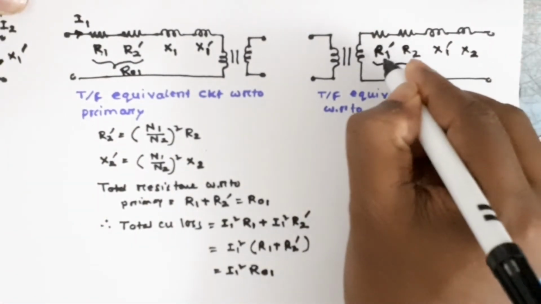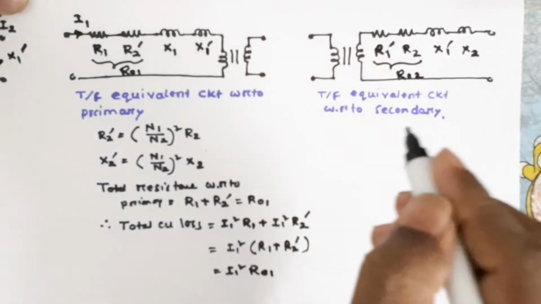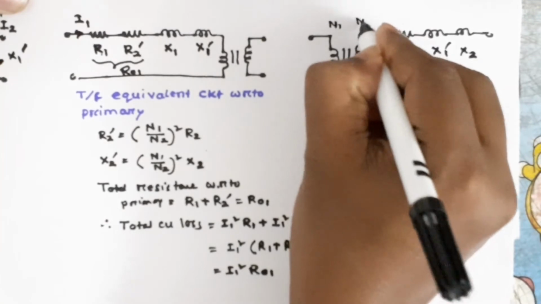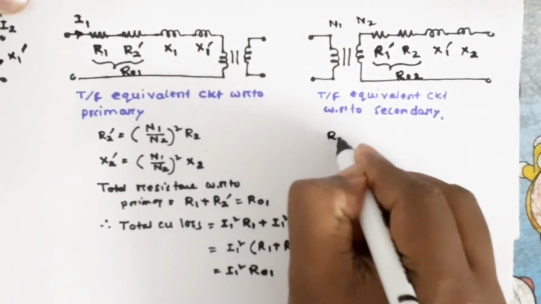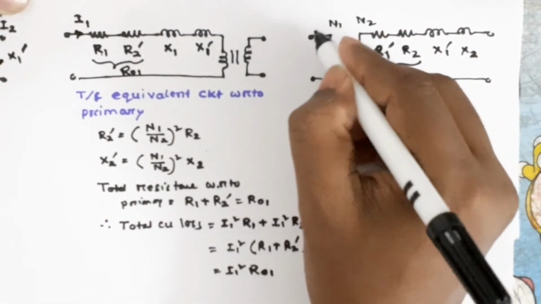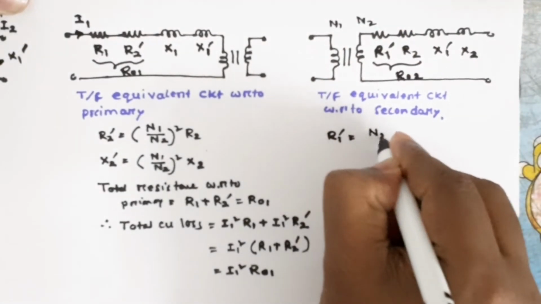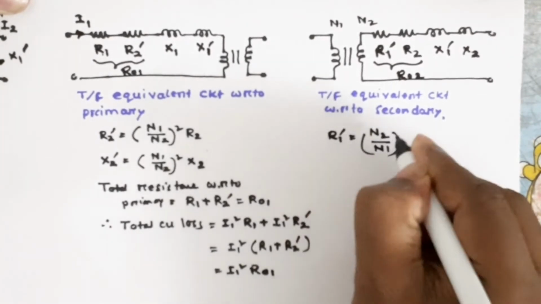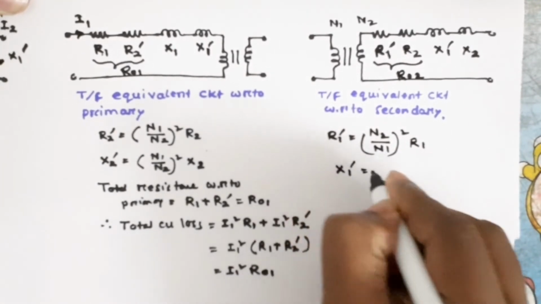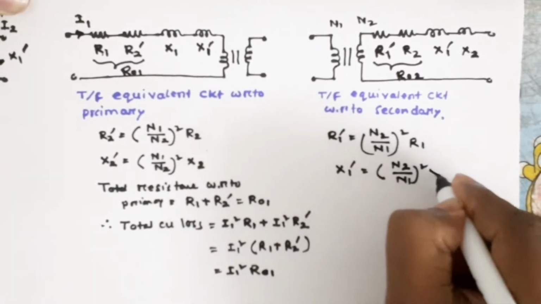These two resistances R1 dash plus R2 is given by R02. Here this is the N1 number of turns, this is the N2 number of turns. Here R1 dash is given by N2 by N1. Since R1 dash is transferred to the secondary side, therefore N2 comes first. Therefore N2 by N1 square into R1. Similarly, X1 dash is equal to N2 by N1 square into X1.